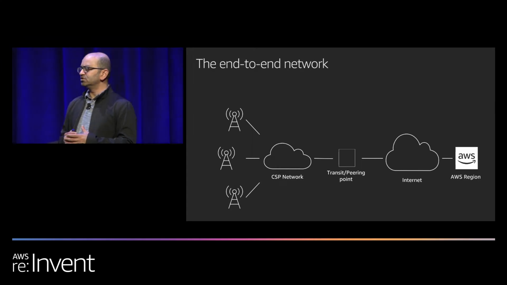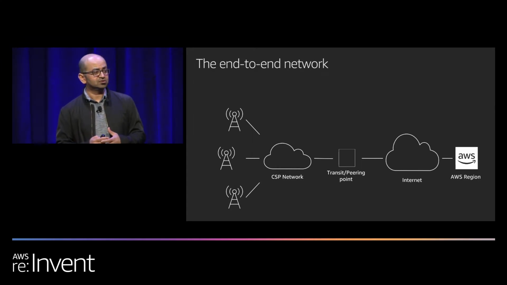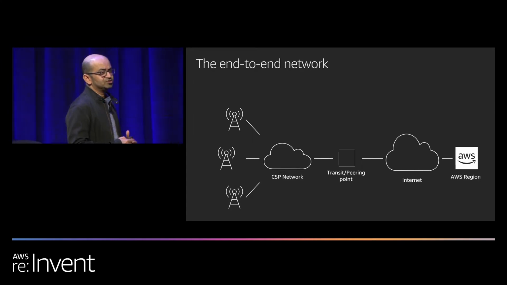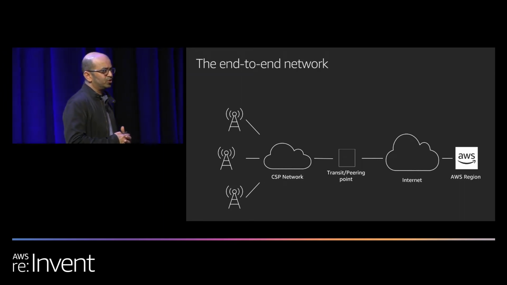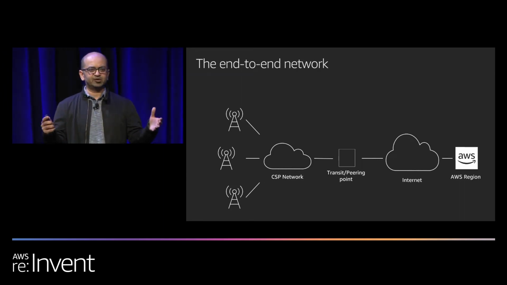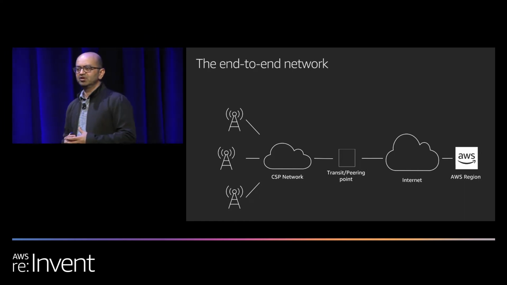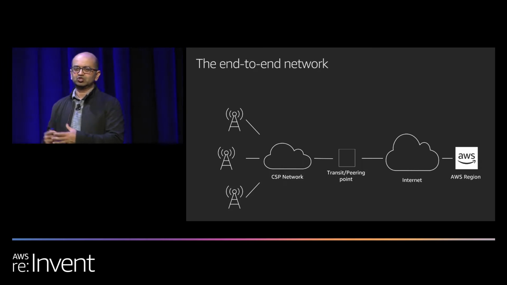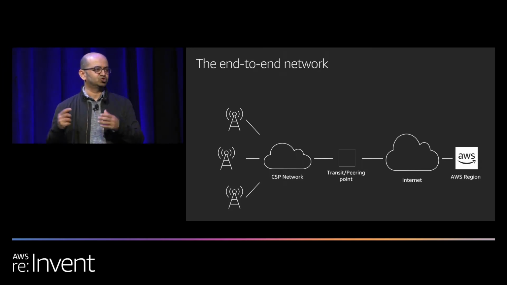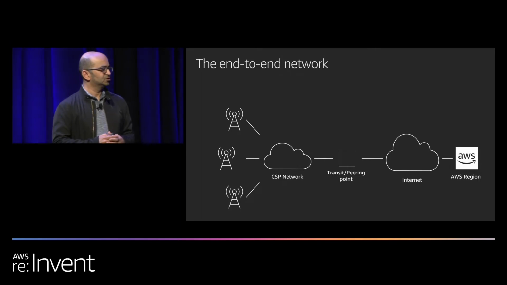You have mobile cell towers connected to the CSP network, or communication service provider, or telecommunication provider network. This is a proprietary network owned and managed by the CSPs, which goes to a transit peering point, which in turn connects to the public internet and routes you to AWS regions.